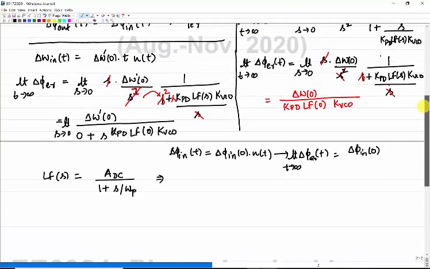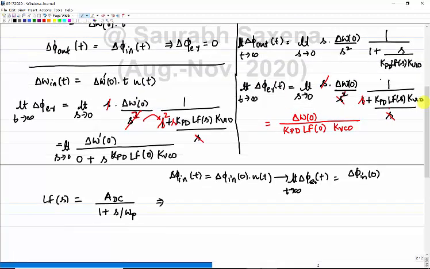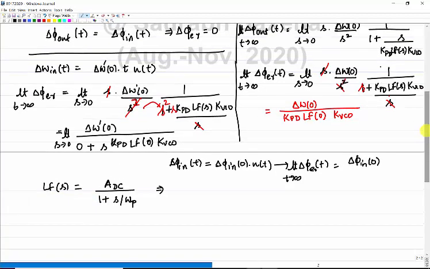And what we are doing here is looking at the loop filter value when we are applying a phase step, right? So what we are going to have here is, you will see that one particular s cancels out and you will have 1 plus 0 divided by kpd into loop filter of 0 times kvco.